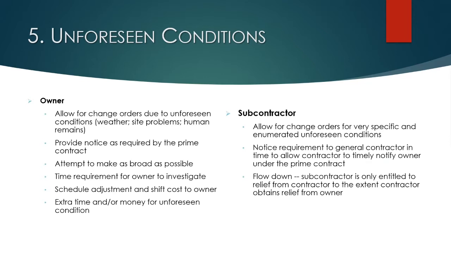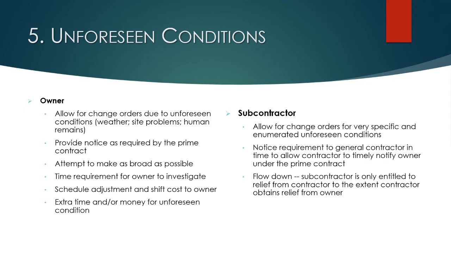Certainly want that in the prime contract, but when it comes to what you're going to allow your subcontractor to make a claim for unforeseen conditions, it needs to be more specific than something that's simply outside of their control. That gets into a very gray area, what was in their control, what wasn't in their control. If you're in South Florida and there is a flood, well, was that foreseeable or not during the rainy season? I don't know. I wouldn't want to be guessing about that, so be specific.